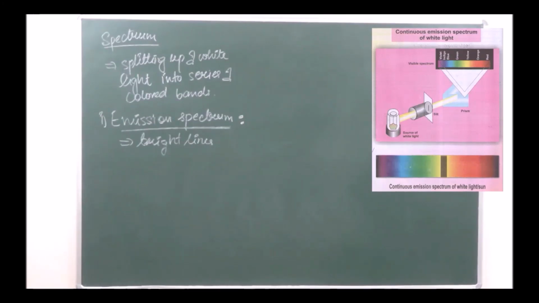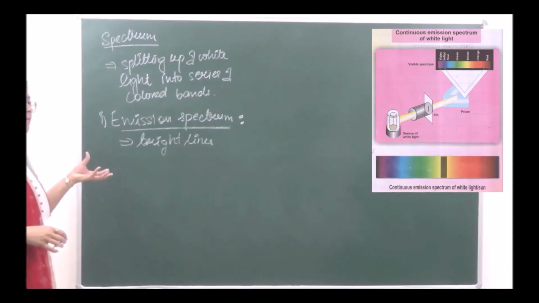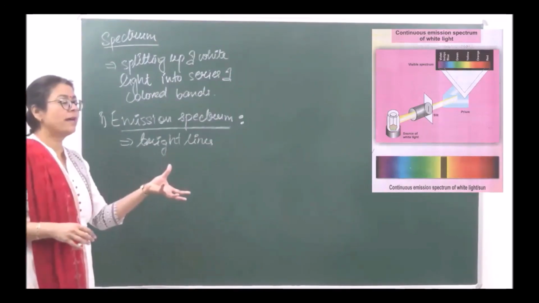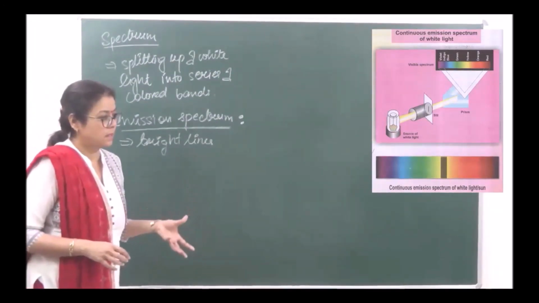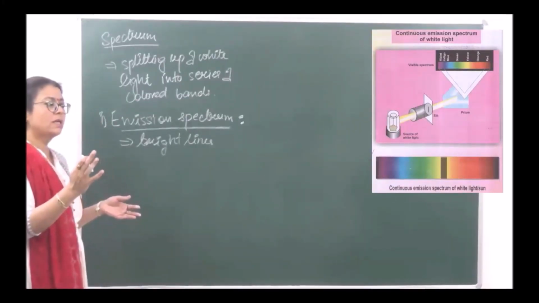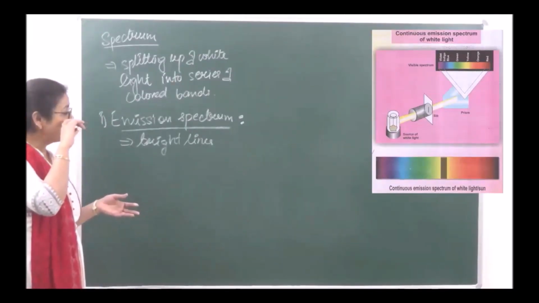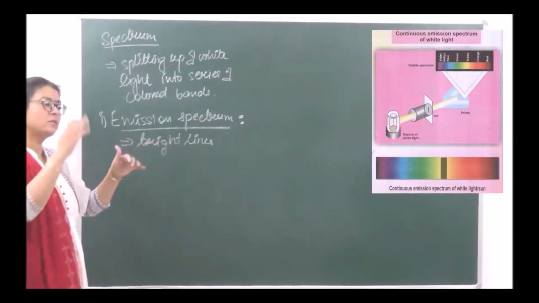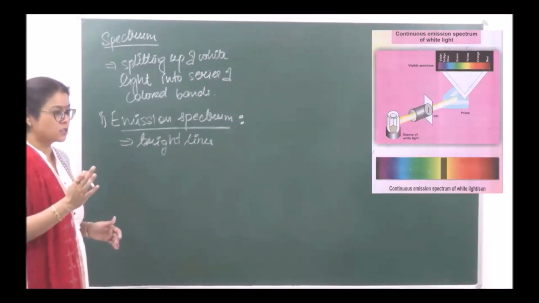And emission spectrum is obtained when radiations are emitted by the excited substance. We take a source of light and let it pass through a prism, right? When it passes through a prism and we put a screen, we see various bright lines coming on a dark screen.